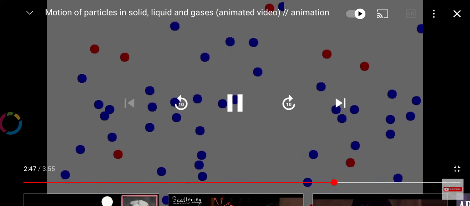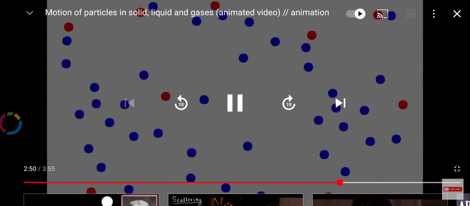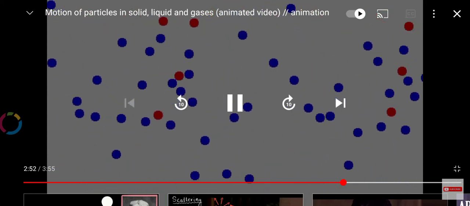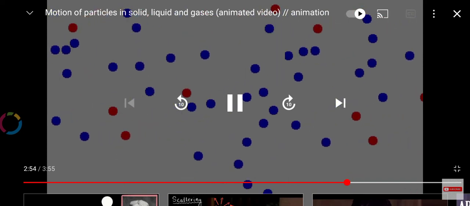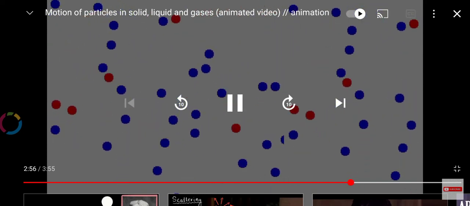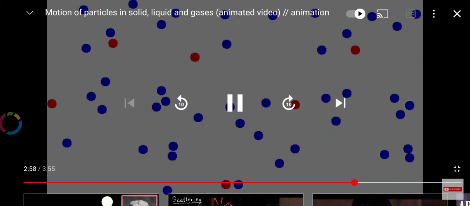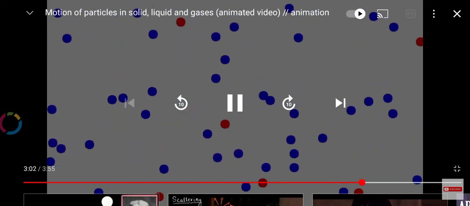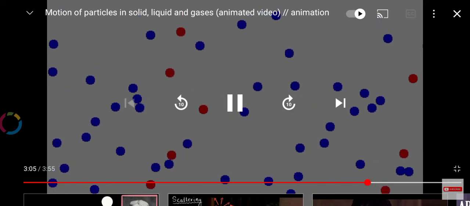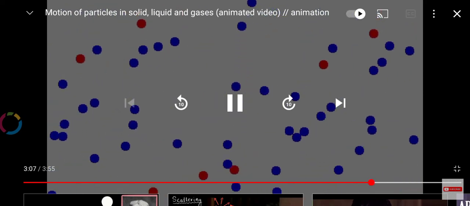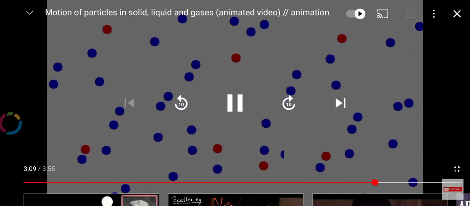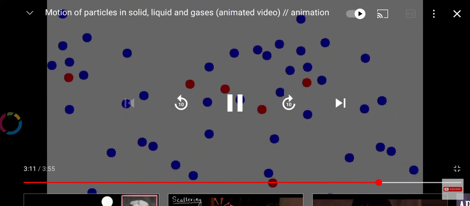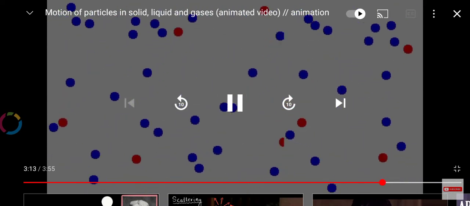When we take some gas in a container, the gas molecules exert pressure by colliding with the wall of the container. These molecules also collide with one another. When we talk about the energy of the molecules or atoms in gaseous state, the energy of particles in gaseous state is very, very high as compared to liquid and solid state.